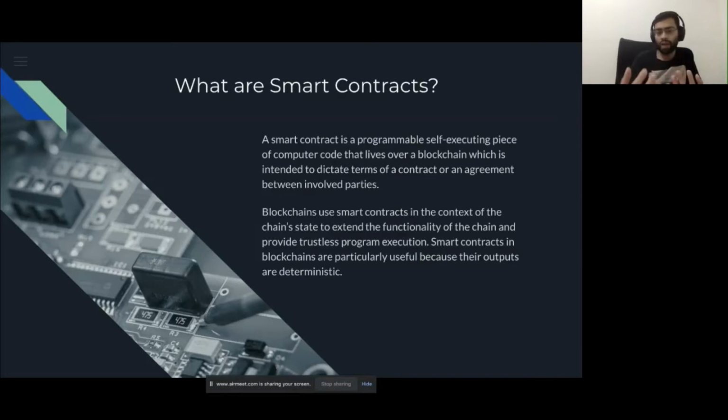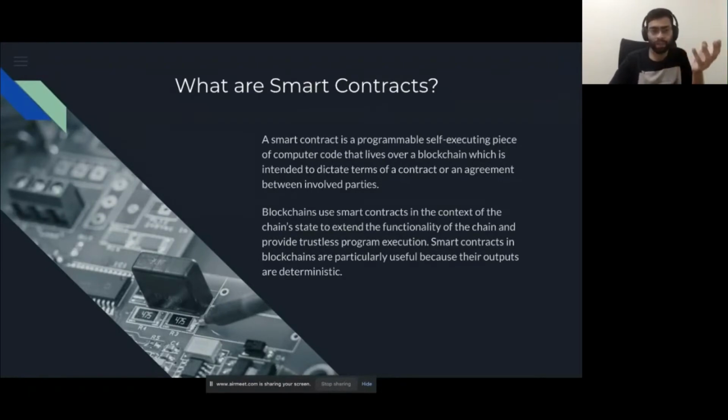When you have a rent agreement, there is a notary that sanctions that this is valid. Smart contracts remove all of that. They put everything on code, so you can trust the code. If the code is correct, things will happen, right?